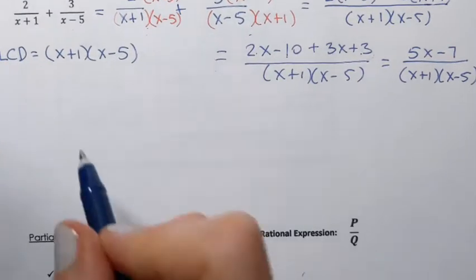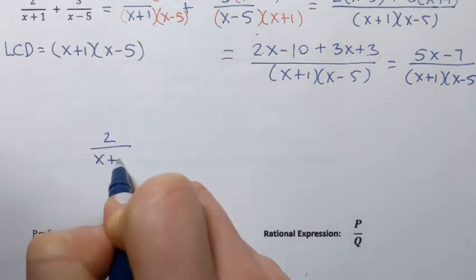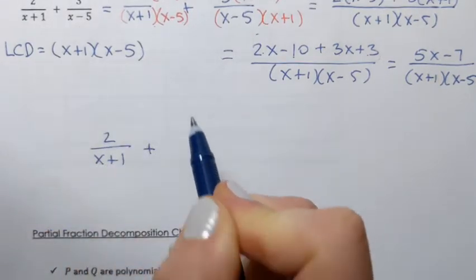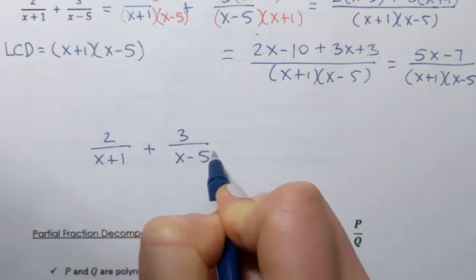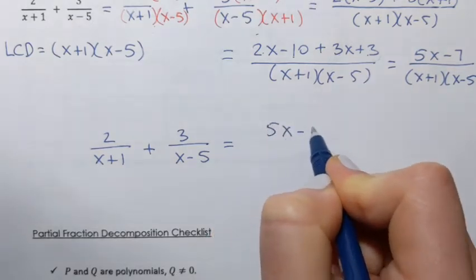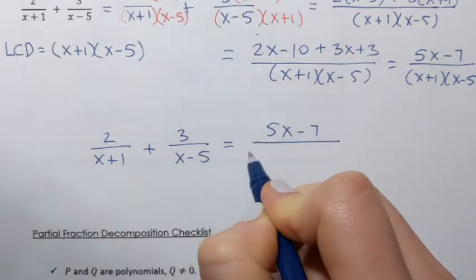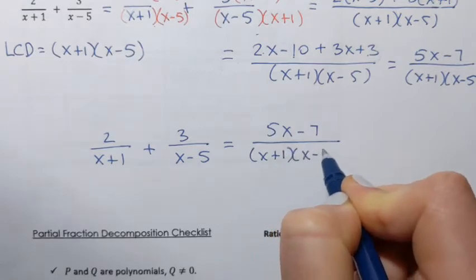I'm going to write down what I started with. I started with 2 over x plus 1 plus 3 over x minus 5, and the result we obtained is 5x minus 7 over x plus 1 times x minus 5.